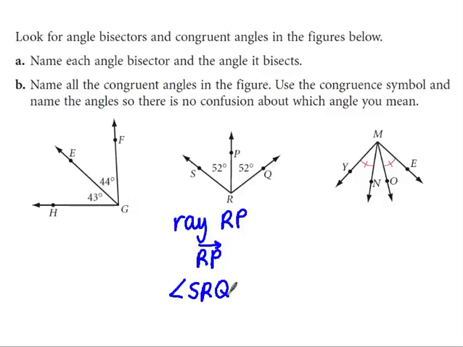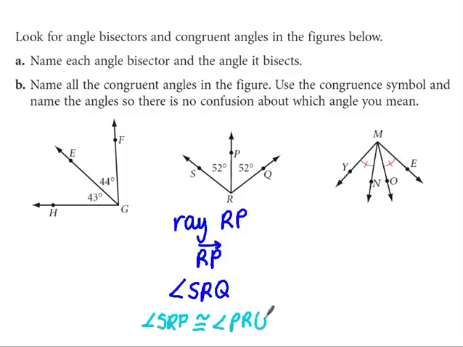Now it says to name all congruent angles in the figure. Use the congruence symbol and name the angles so there's no confusion. First of all, do I have two congruent angles in this first figure? No. Do I have two congruent angles here? Yes. What are the two congruent angles? SRP is congruent to angle PRQ.